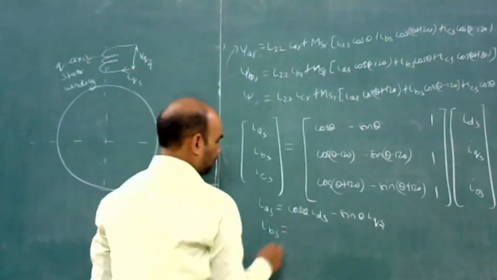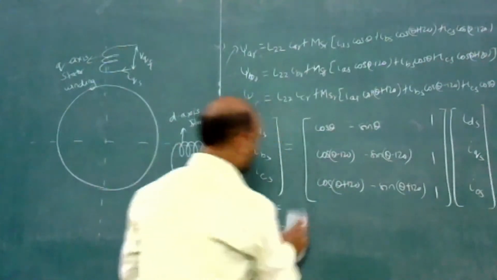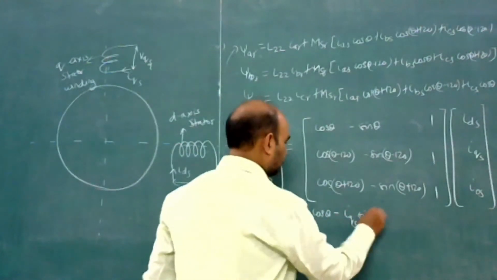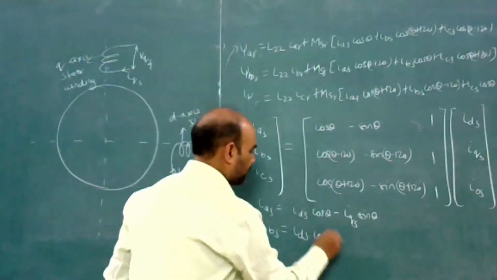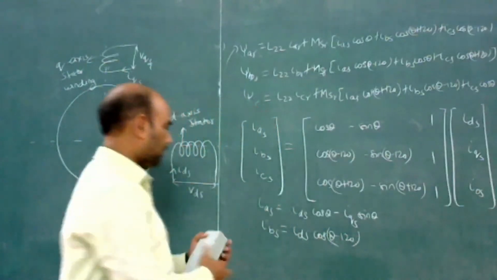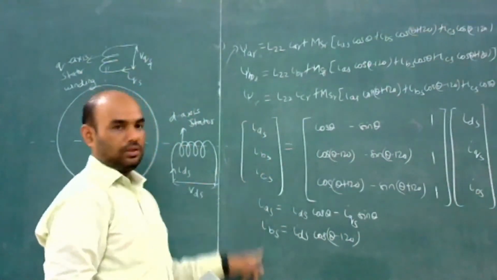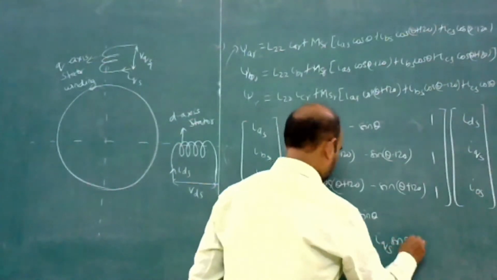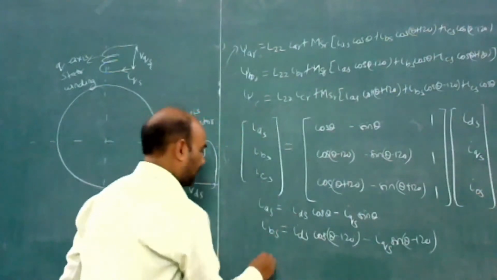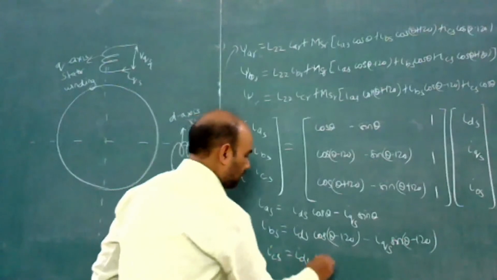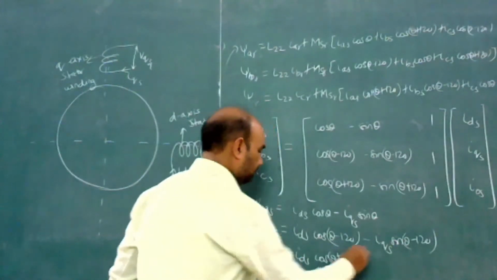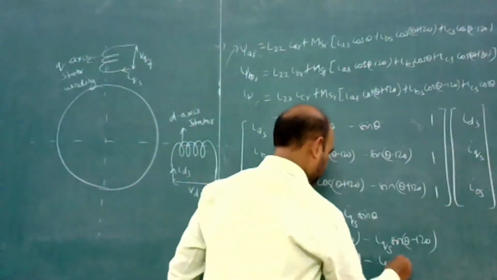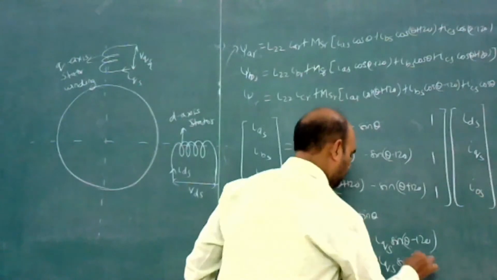Then IBS will be equal to IDS cos theta minus 120 degrees minus IQS sin theta minus 120 degrees. So we are transforming IABC into IDQ. ICS is IDS cos theta plus 120 degrees minus IQS sin theta plus 120.